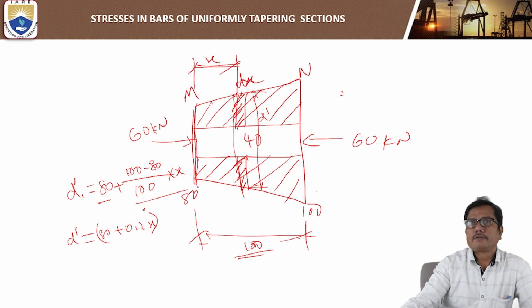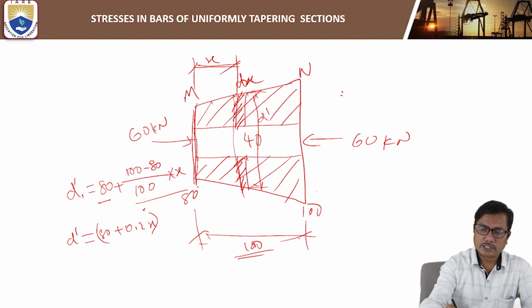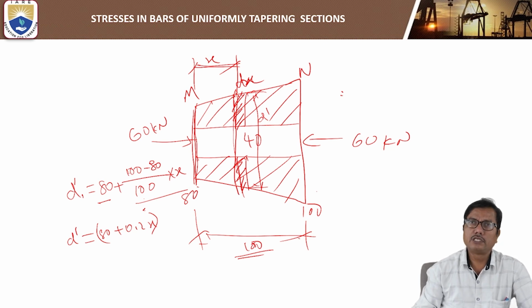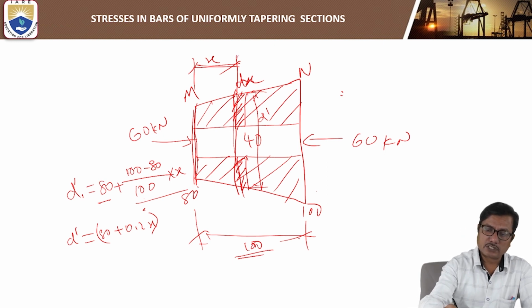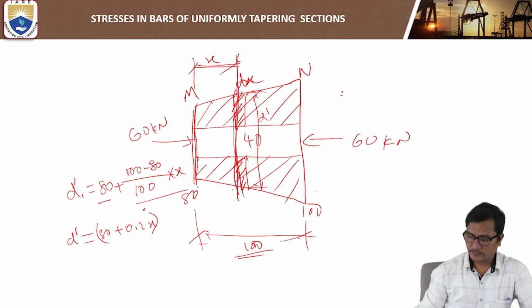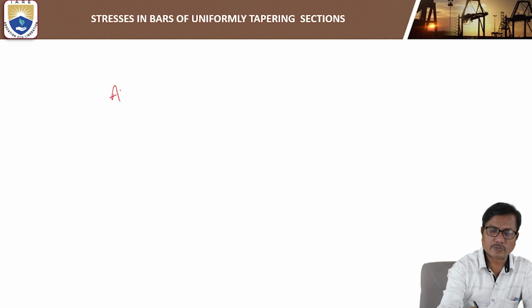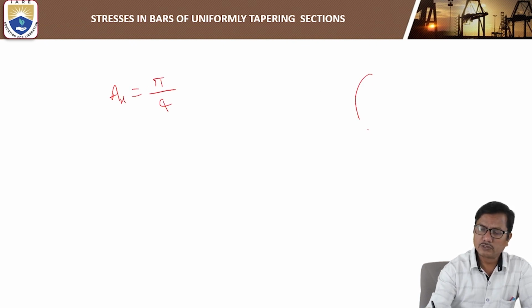So what will be the cross-sectional area at a section a distance x from the left end? Pi by 4, the diameter is d dash.